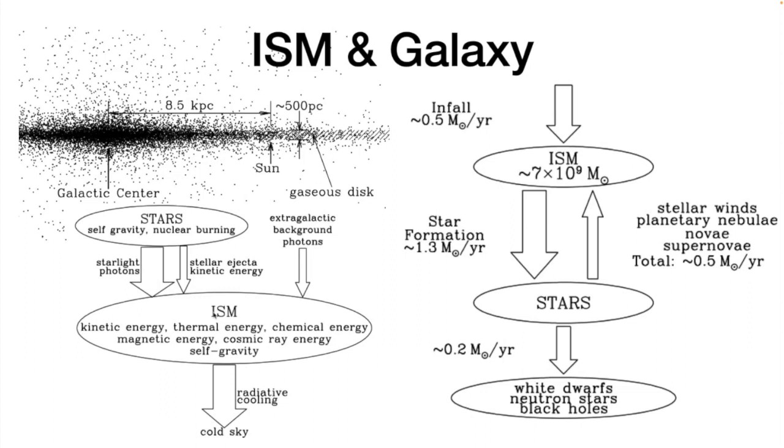This UV and optical light interacts with the interstellar medium. There are atoms and molecules in the interstellar medium. They can ionize the interstellar medium. Like if you have UV or X-ray photons, they can do the photoelectric effect. They can kick out electrons and energize the interstellar medium.